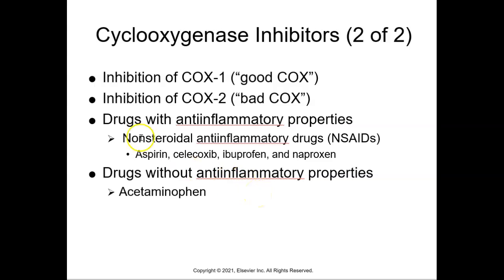Essentially, your NSAIDs are non-steroidal anti-inflammatory drugs: aspirin, Celebrex, ibuprofen, naproxen, and then the other one is acetaminophen. But that's how those are considered to be grouped. An NSAID does not include acetaminophen. Important point. I see that said incorrectly quite a bit in practice.